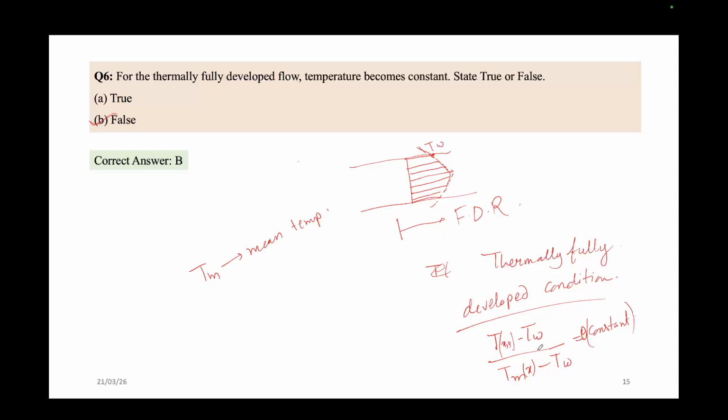So what does that indicate? That indicates a profile.